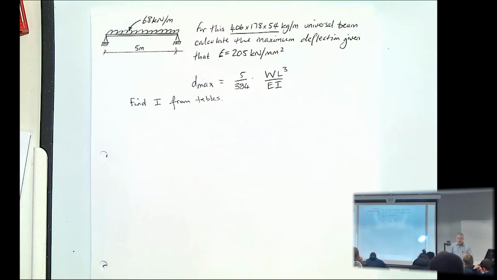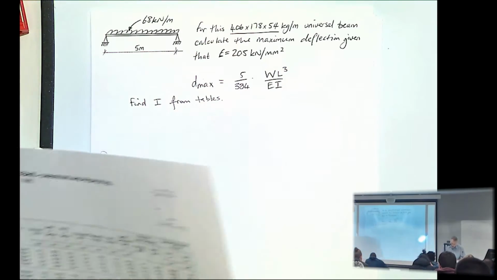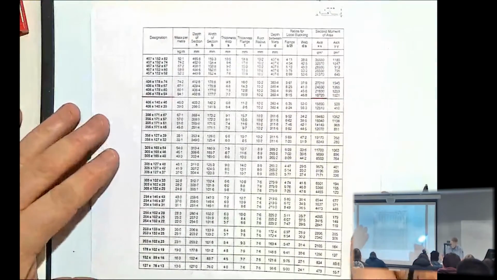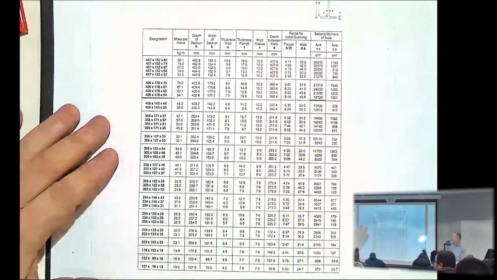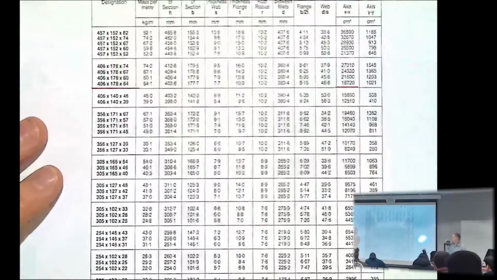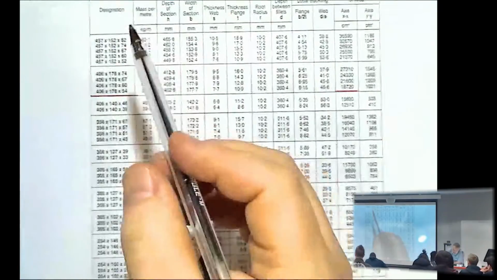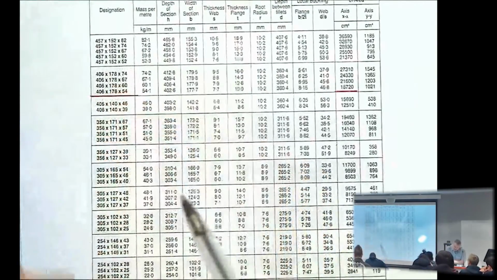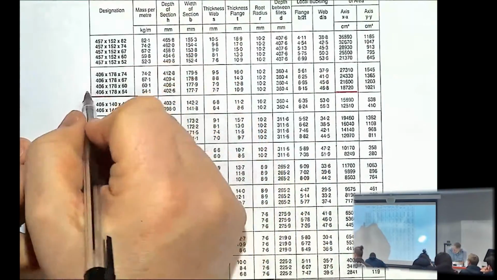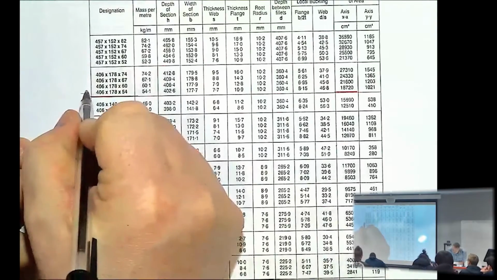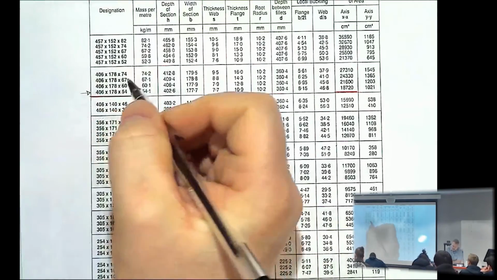So again, if you looked at the back of your handout, we would find it's a 406 by 178 by 54 beam.